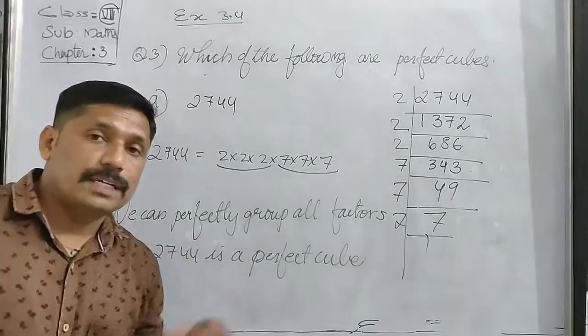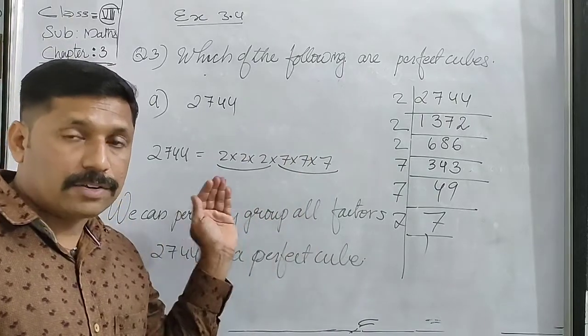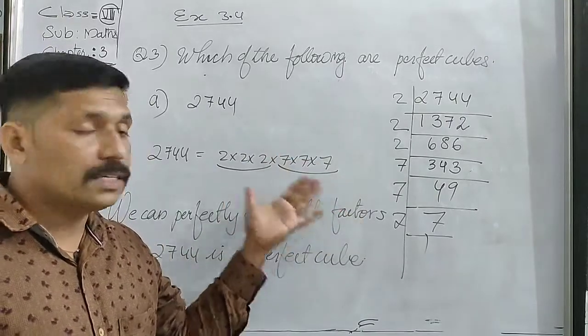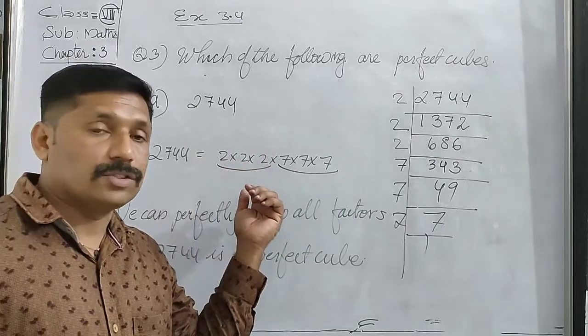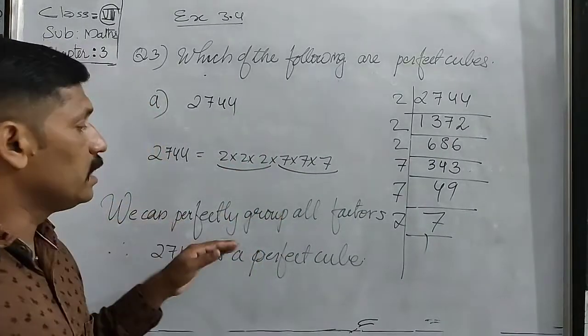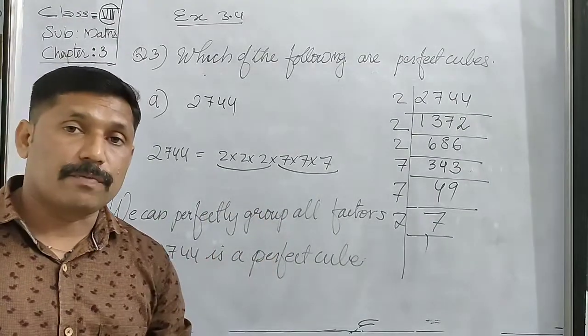In this way we can check whether a number is a perfect cube or not. We factorize, write all the factors, and group them in such a way that each group has 3 factors, and if we can perfectly group all the factors, then that is a perfect cube.